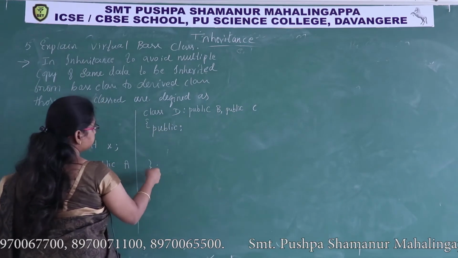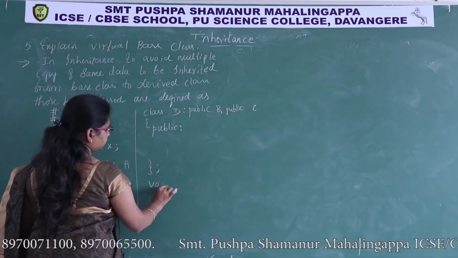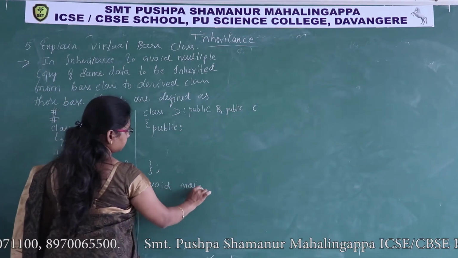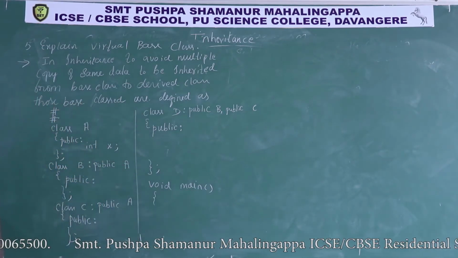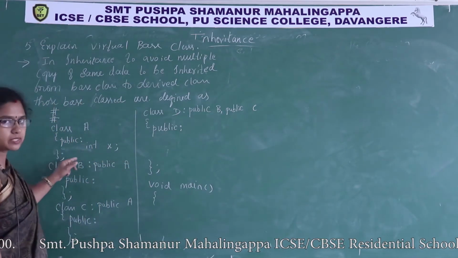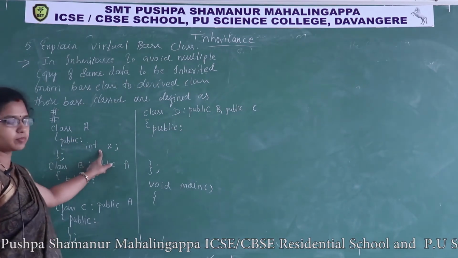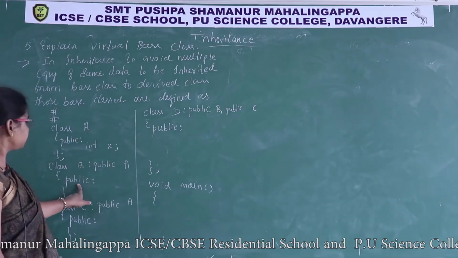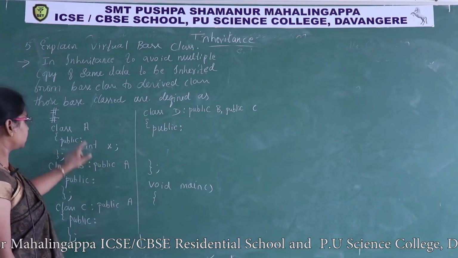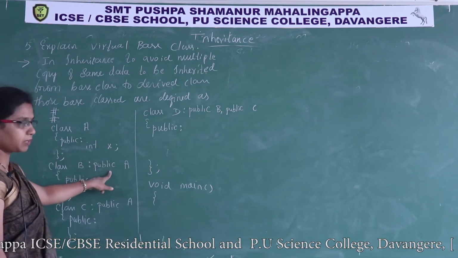Now see here, in this example A is a base class and it has one integer data member, int x, and class B is derived from class A. You all know the mode of inheritance in this example is public.